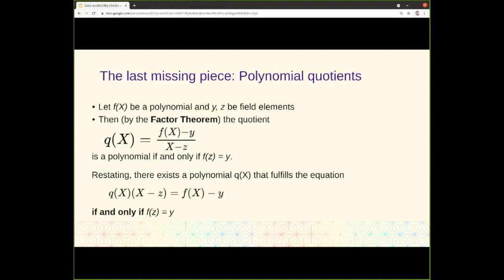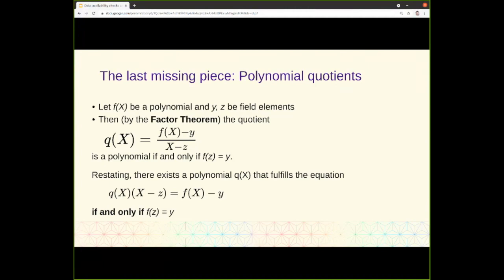And now we just need one more missing piece until we can see how KZG proofs work, and that's polynomial quotient. So if we take f of x to be a polynomial and y and z are field elements, then this quotient q of x, which is defined as f of x minus y divided by x minus z, is a polynomial if and only if f of z equals y. That's called the factor theorem.